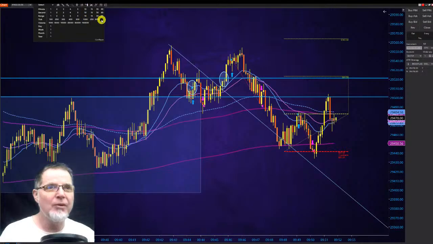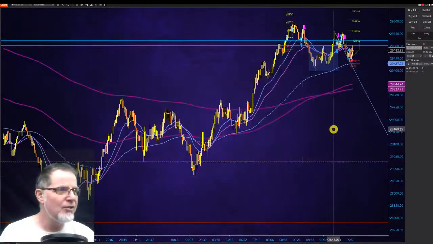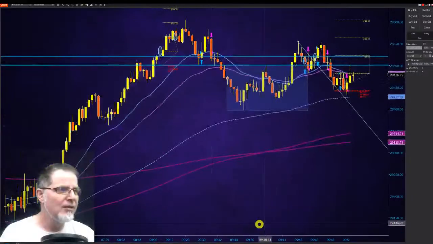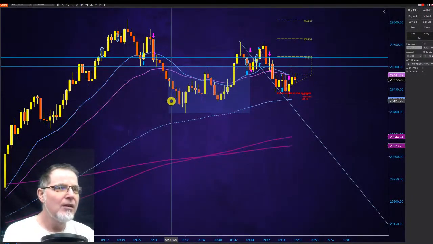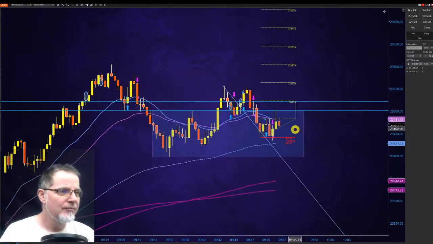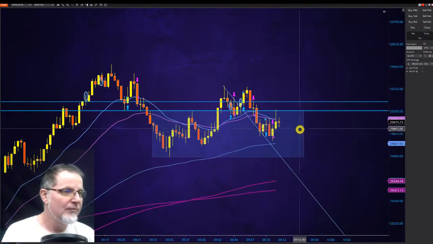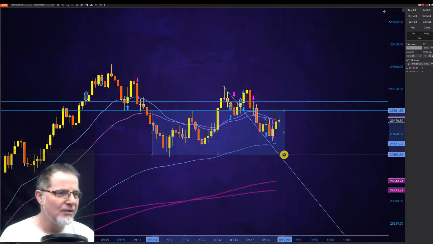I might as well just think about, do I really want to take these trades anymore today? Yeah, you see how choppy sideways that is? That's very dangerous.